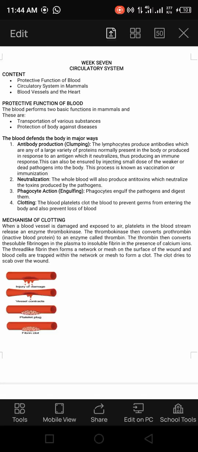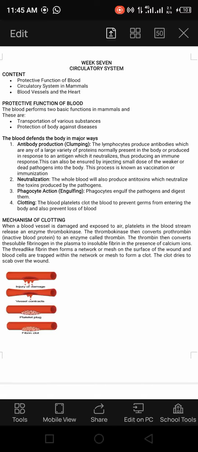And of course, these pathogens produce toxins, which are harmful chemicals. So our body responds by quickly producing antitoxins, which neutralize these toxins before they cause any harm.